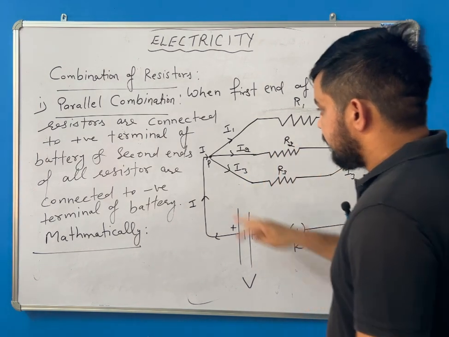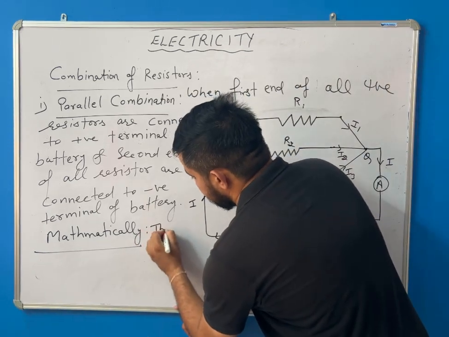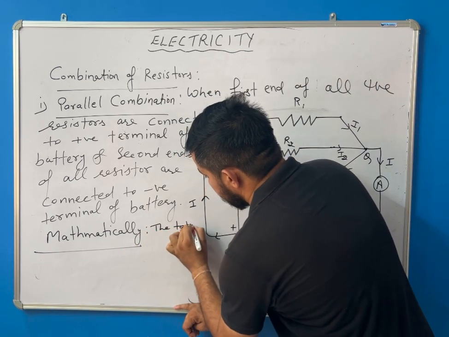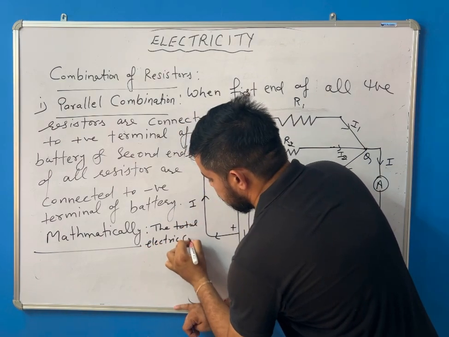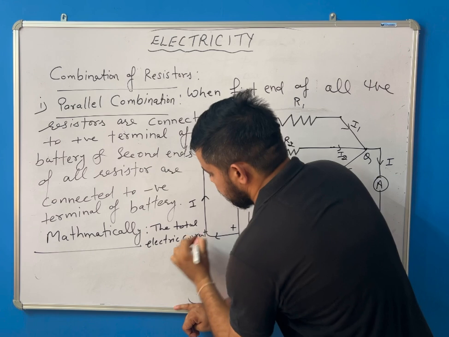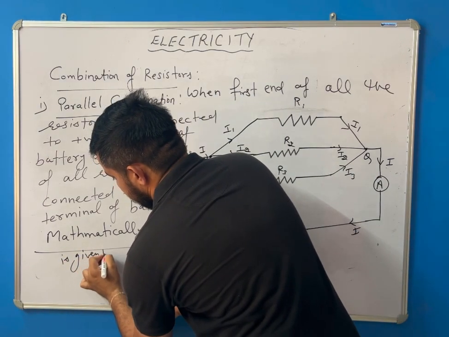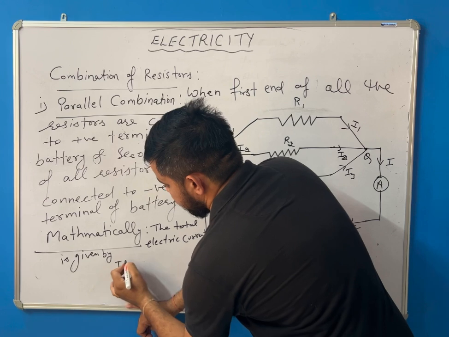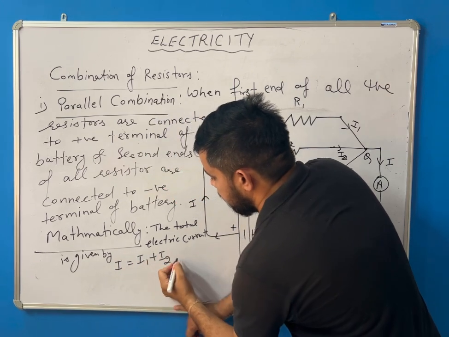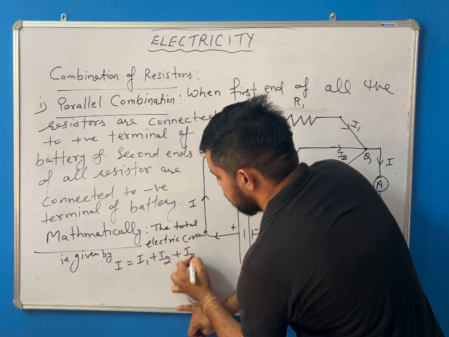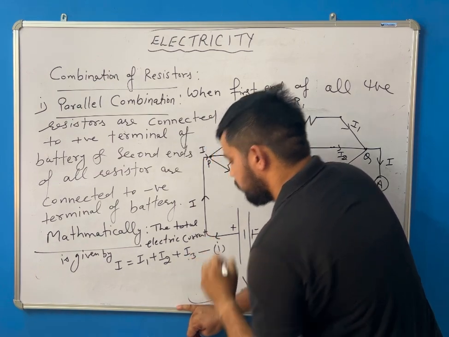Here we see that the total electric current is given by I = I1 + I2 + I3, and assume that this is equation number 1.